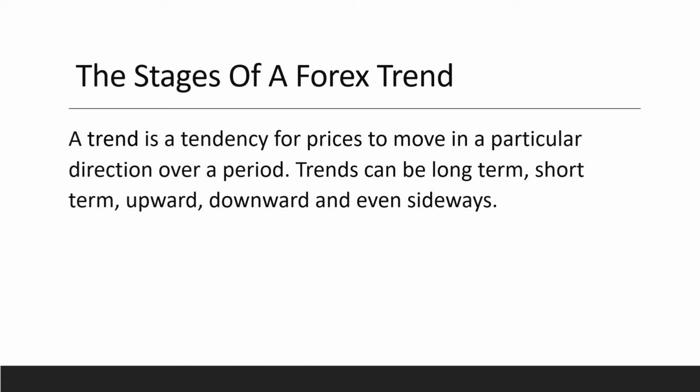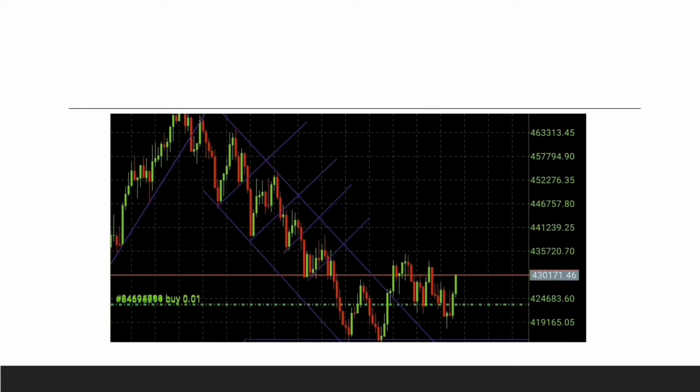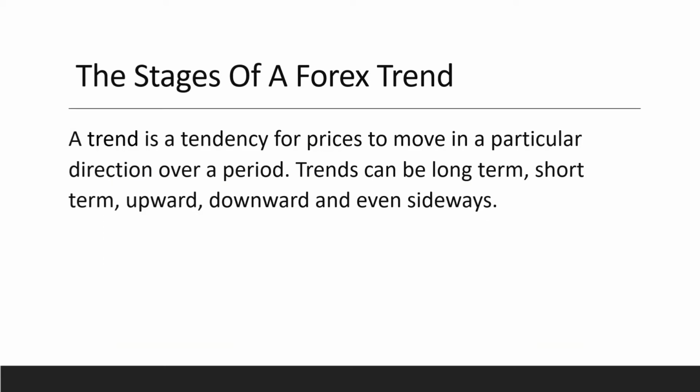It is the same when we come to a downtrend, when the market is making lower lows, like you saw here. If this happens in a very short term, then it is a short-term downtrend, and we can also have a long-term downtrend. So these are some of the key things that traders have to take note of.